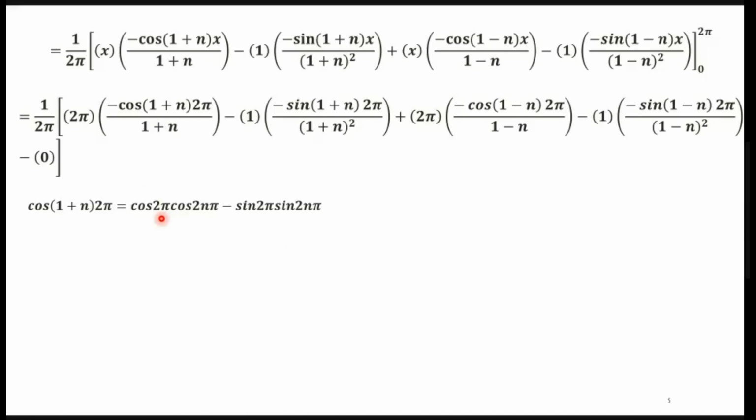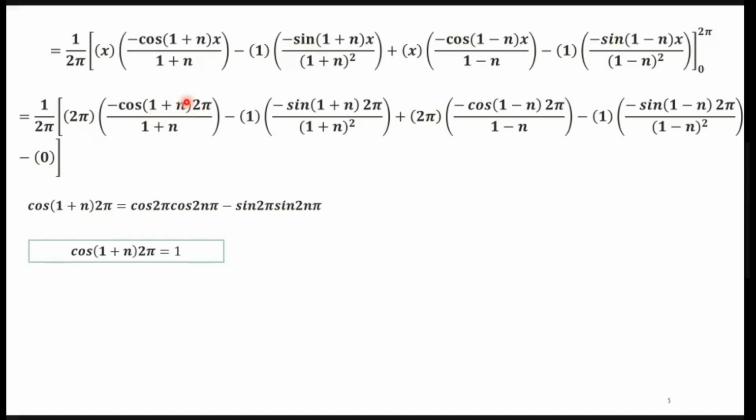So cos 2 pi is 1, cos 2n pi is also 1, sin 2 pi is 0. So second term will become 0, or I can write cos of (1 plus n) 2 pi is equal to 1. ठीक है? You can always expand that also. Otherwise, you can just give the values and check the value of cos this. अगर n को 1 किया तो cos 4 pi आ जाएगा.